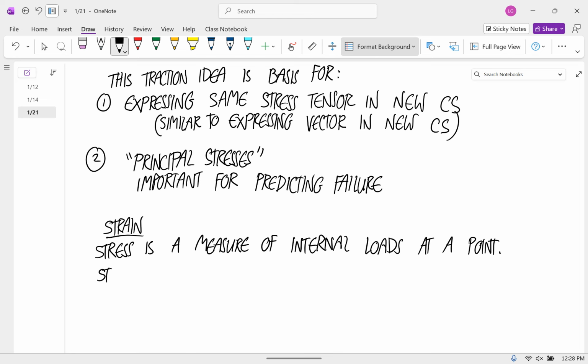Strain is a measure of local deformation at a point.